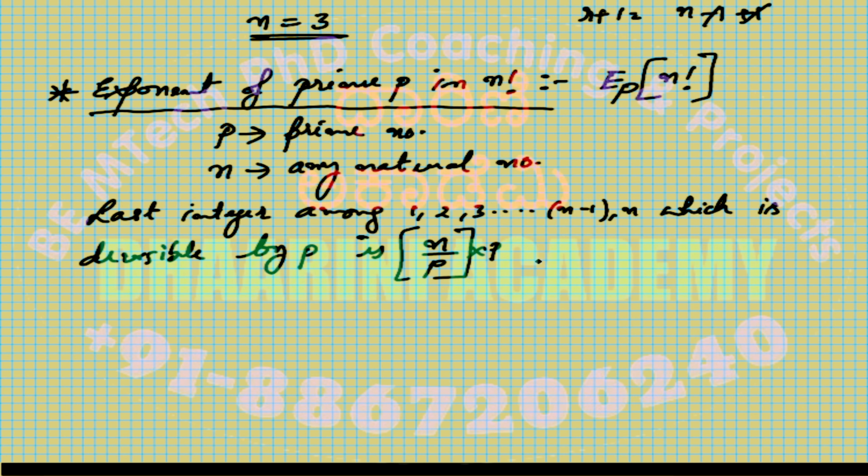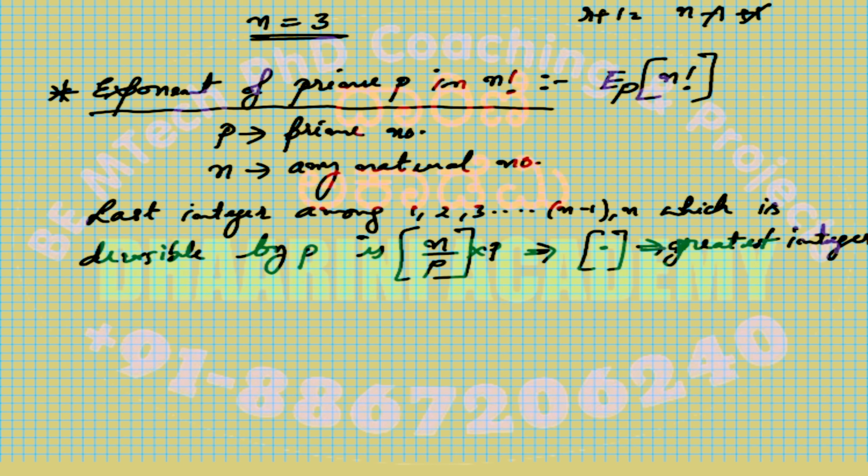Okay, so here the operation, whatever is inside the bracket, is the greatest integer. This represents the greatest or the biggest integer. So n can be say 10 and p can be 3. So 10 by 3, answer is 3.33. Which is the biggest integer out of that? It is 3. That is what is meant by this.